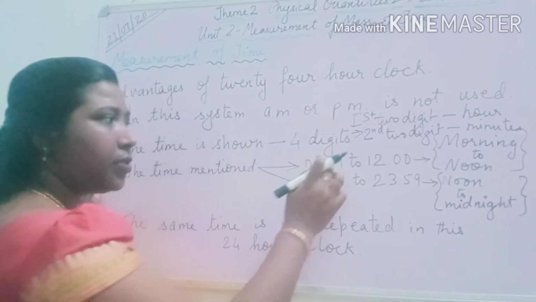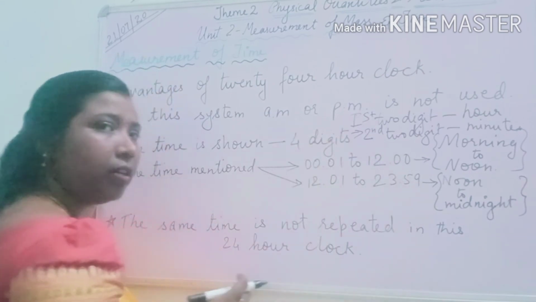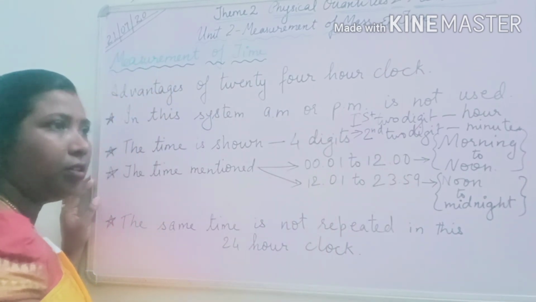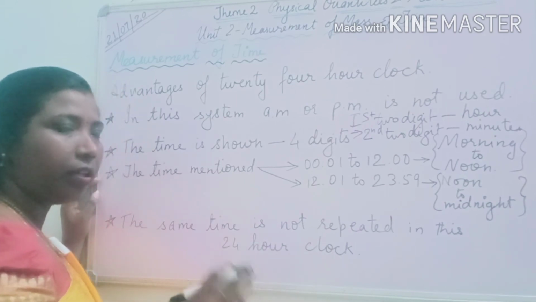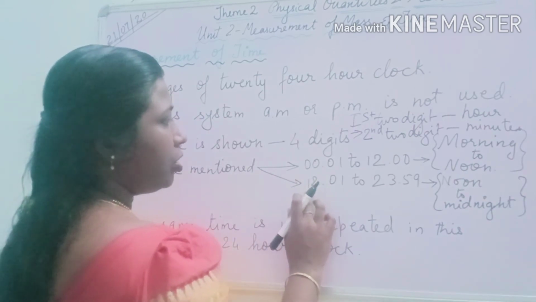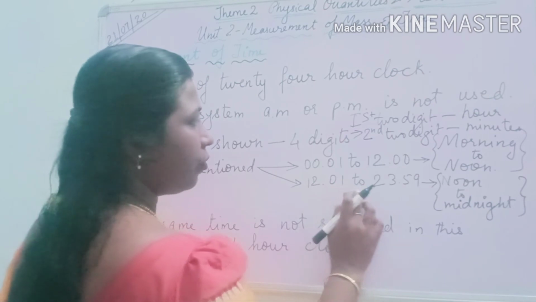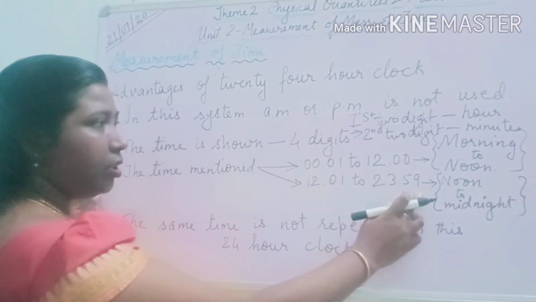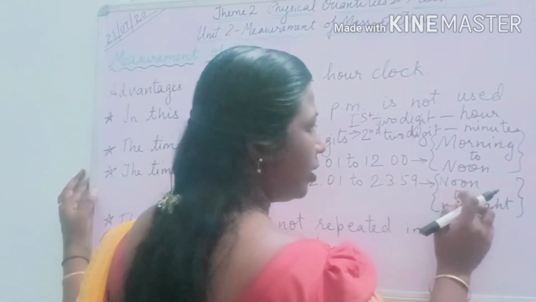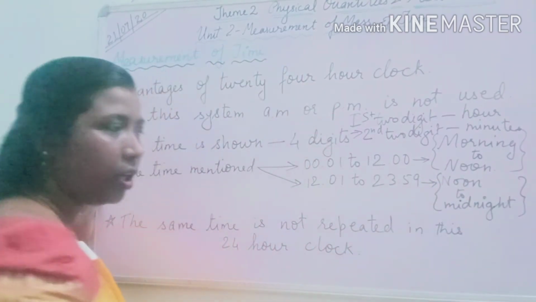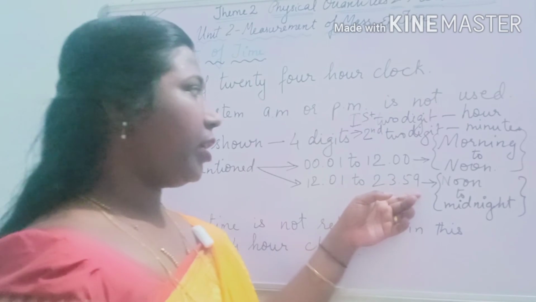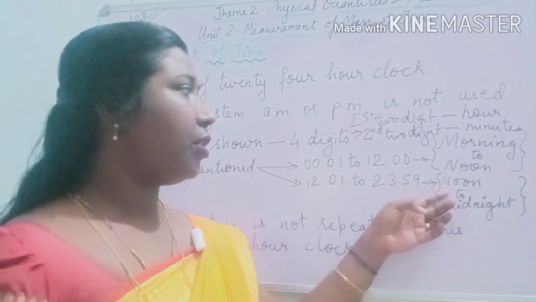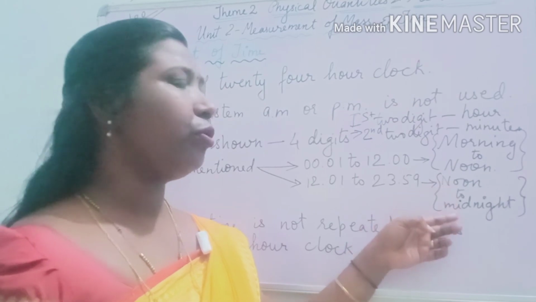By this number we can also consider the time of day. Now 12:01 to 23:59, that is noon to midnight.